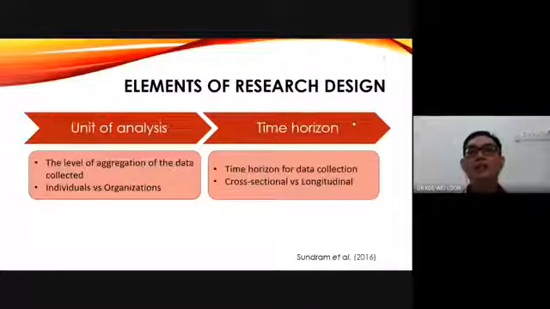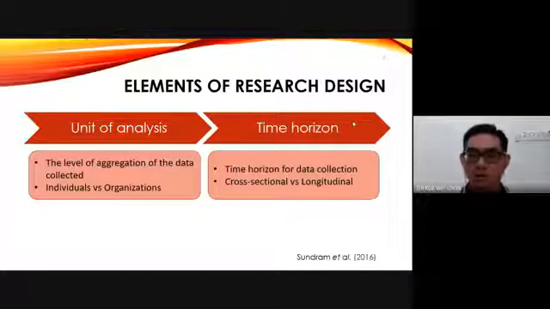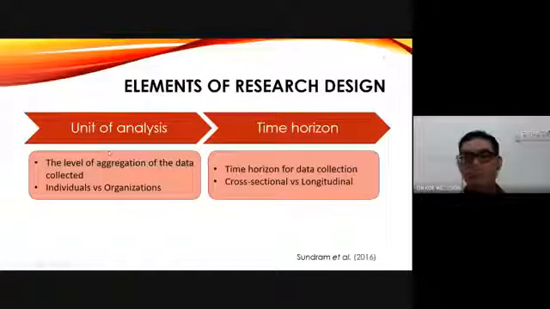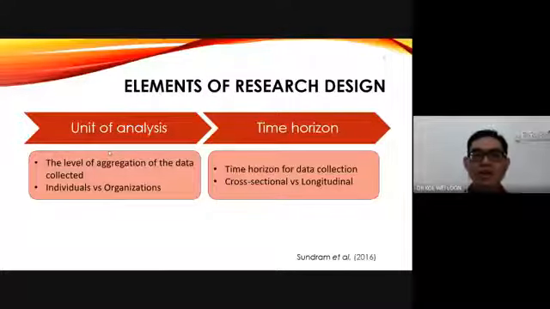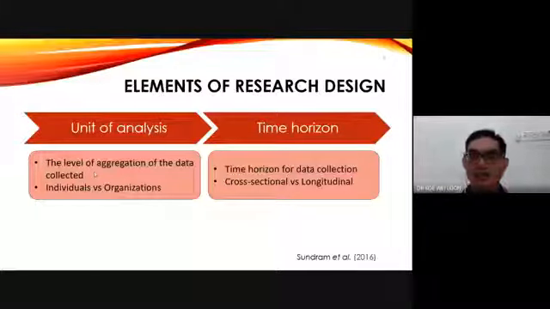Okay. Then the next, we have unit of analysis and time horizon. Unit of analysis. A lot of students have problems in identifying their unit of analysis. So what does it mean by unit of analysis? If you look at the explanation here, it refers to the level of aggregation of the data collected.